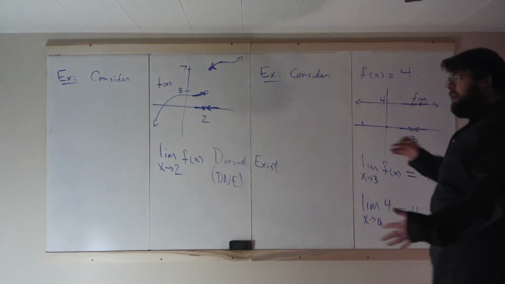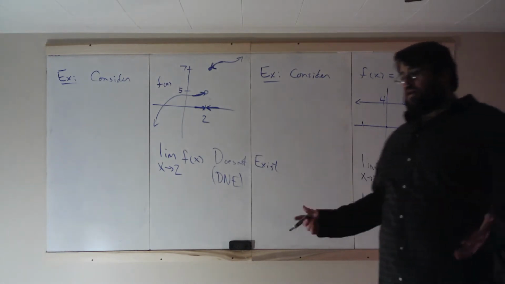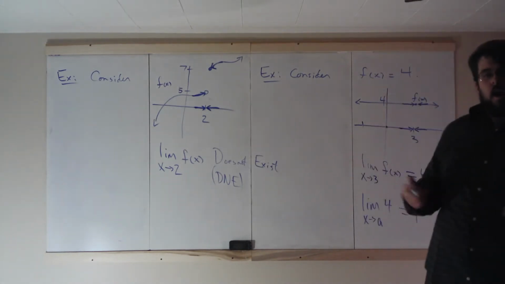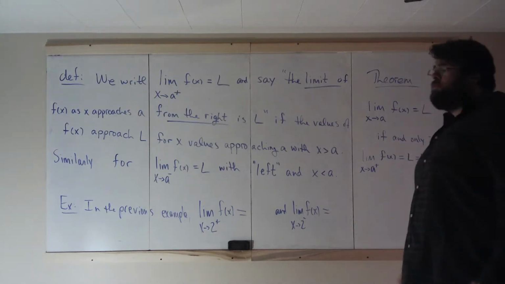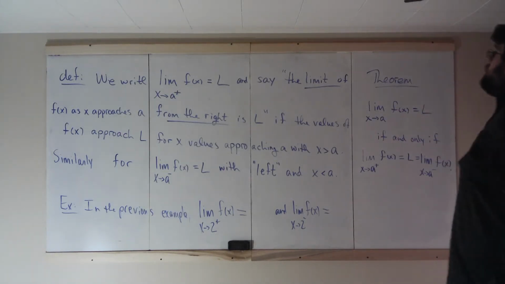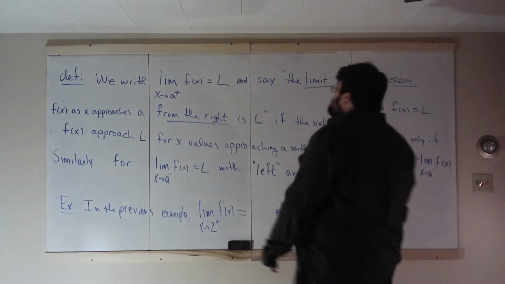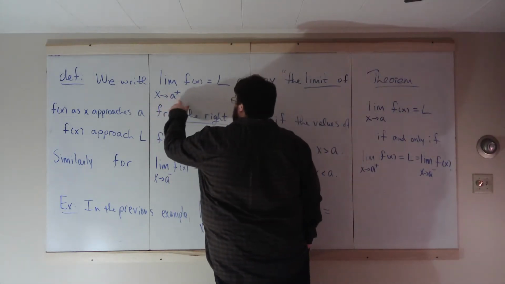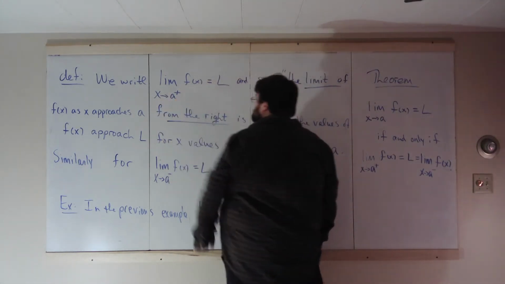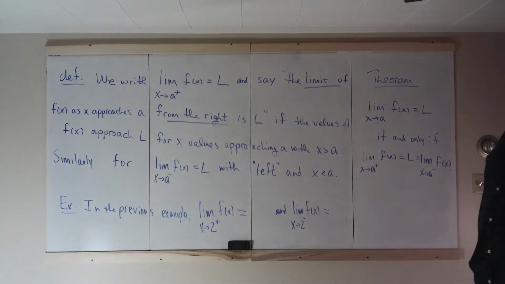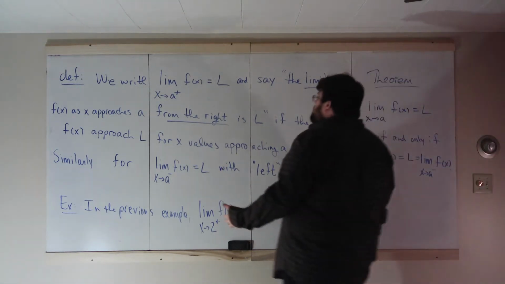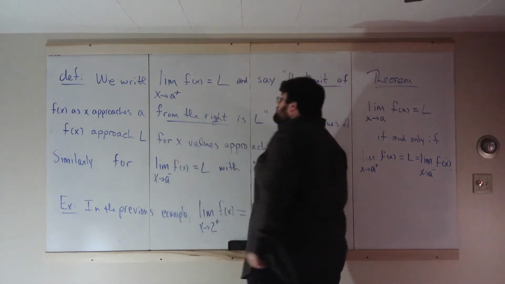Actually, all of these examples suggest that it might be useful to describe limits by looking at both sides, and we will do that. We have this definition. We write limit x arrow a with a positive sign as a superscript on a. The limit as x approaches a from the right is what this positive superscript on a means.